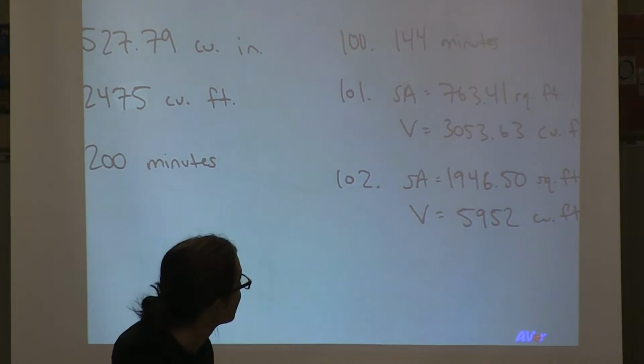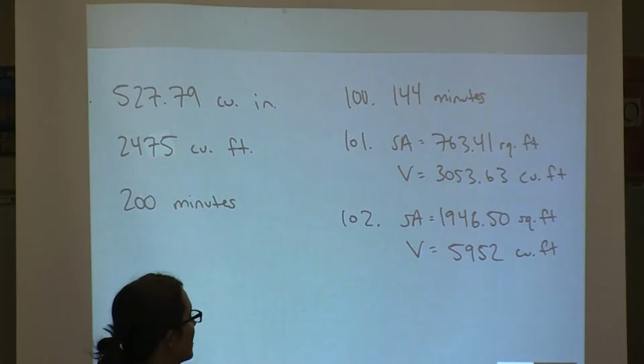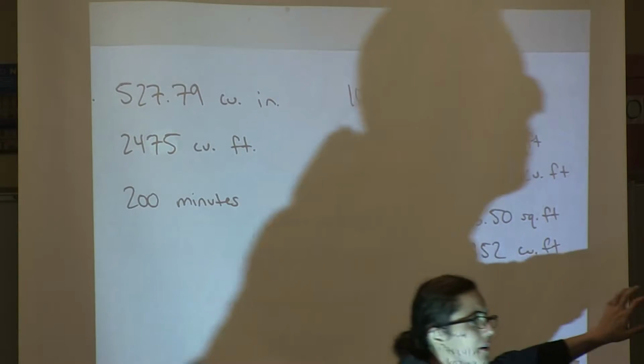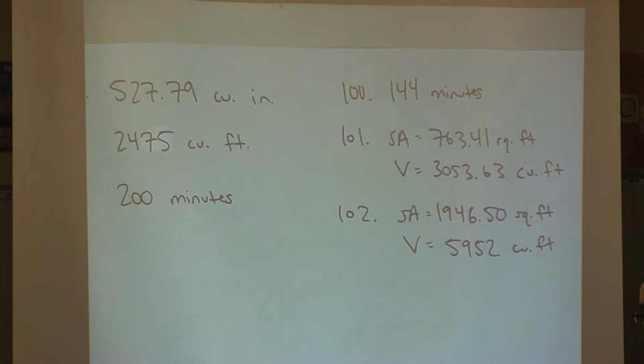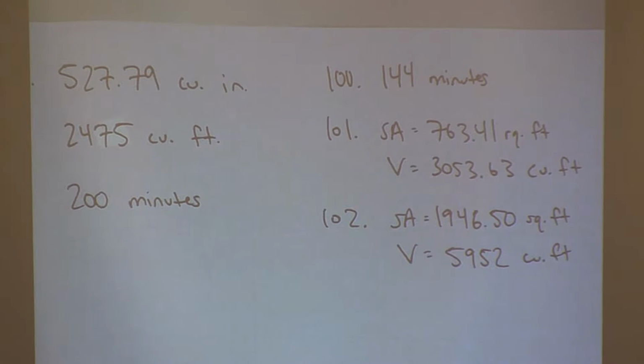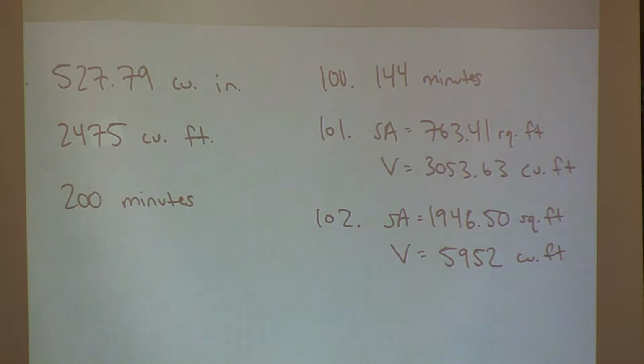Notice my units. Same as it says up here. Square feet versus cubic feet. Square feet. Area is a 2-dimensional measurement. Same as surface area. Surface area is still a 2-dimensional measurement, even though we normally do it on 3-dimensional objects.